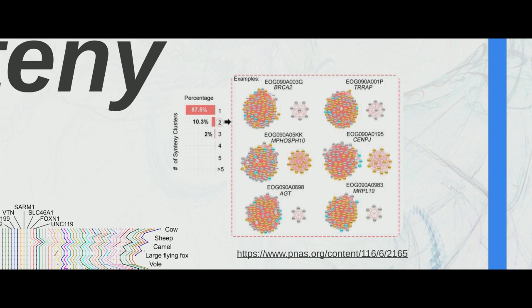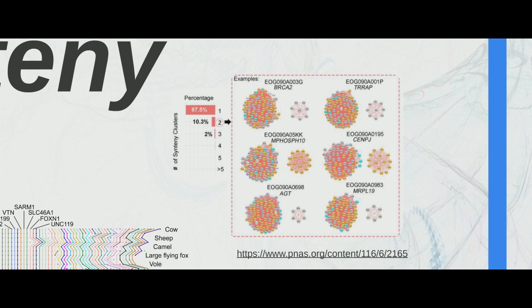In other words, if you pick a gene at random, you're probably going to pick one of this 90%, where across all 100 mammals that they had in the study, that gene always has the same set of neighbors. In other words, it's in just one cluster. Only 10% are in two different clusters, meaning that in some mammals, they're with genes X, Y, and Z, and in other mammals, they're with genes A, B, and C.